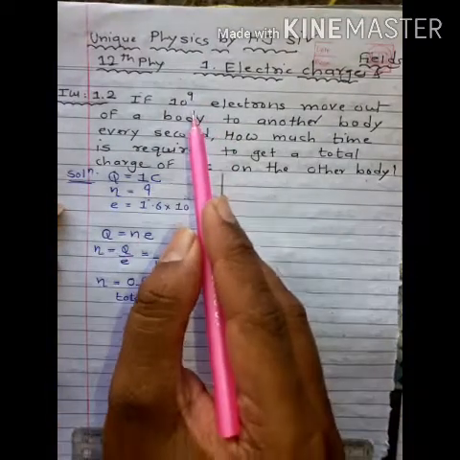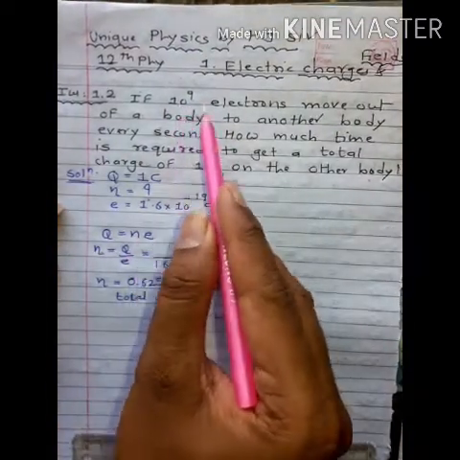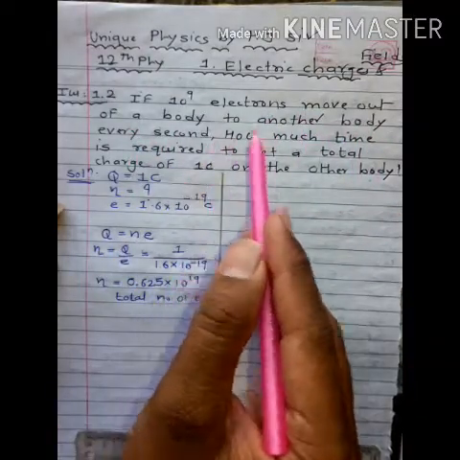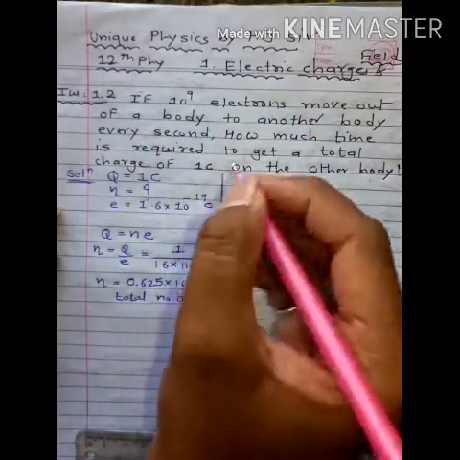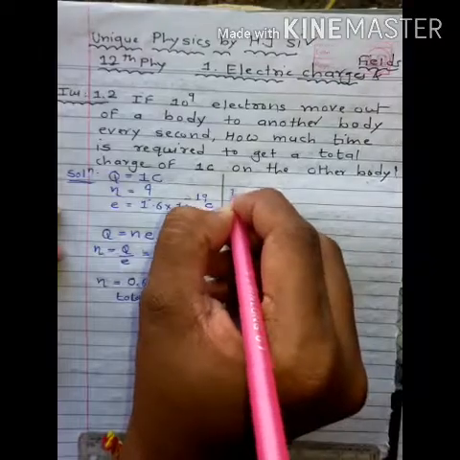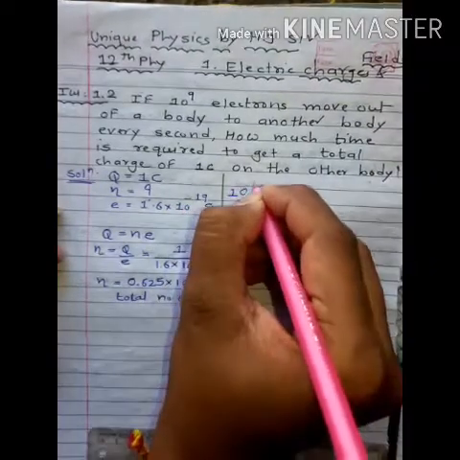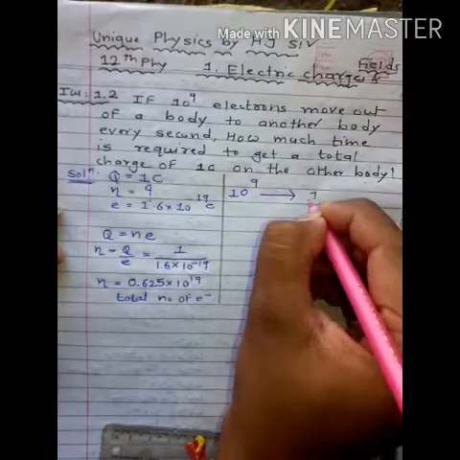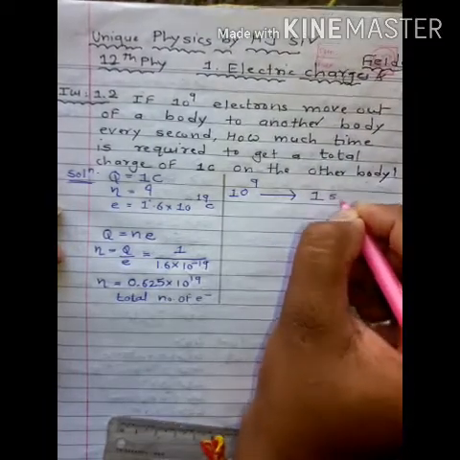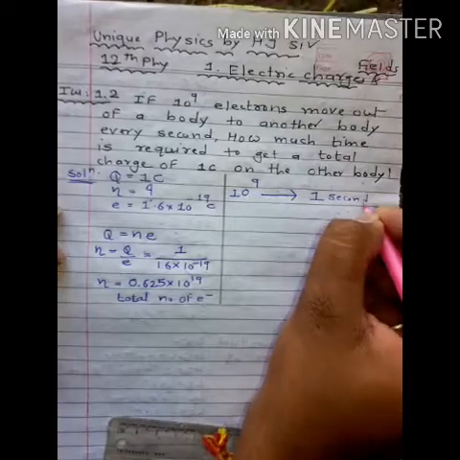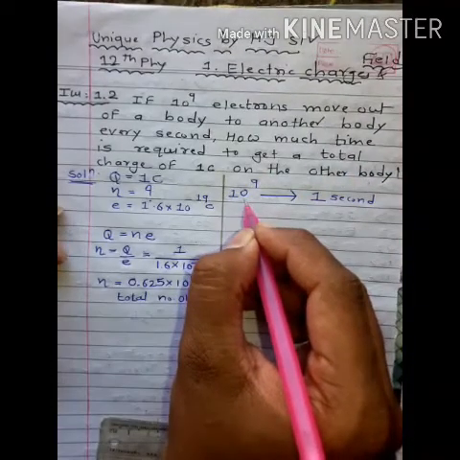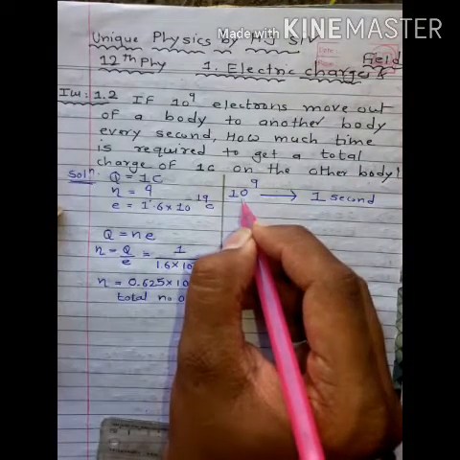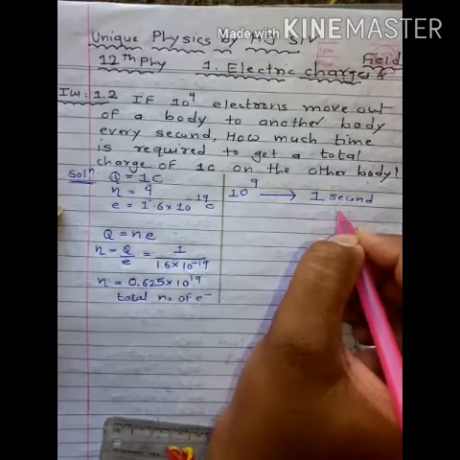Now here, 10 raised to 9 electrons move out of a body to another body every second. Here we will use a simple logic. 10 raised to 9 electrons move from one body to another body in 1 second.